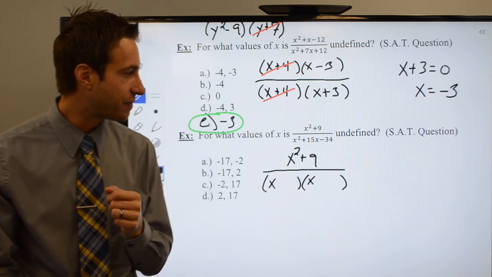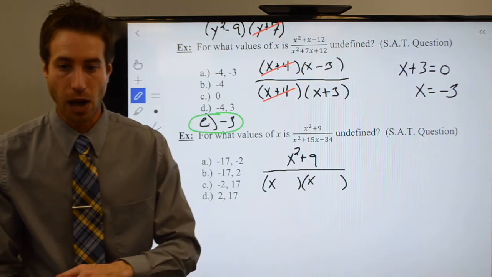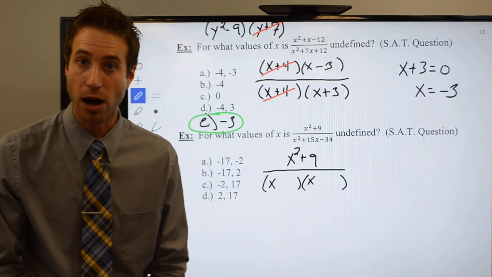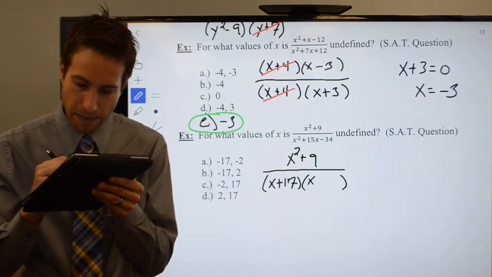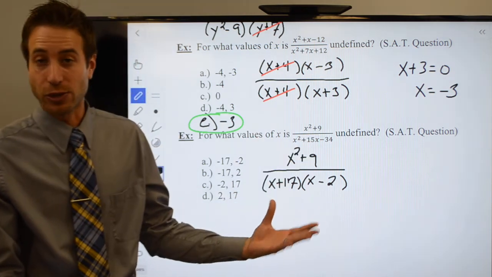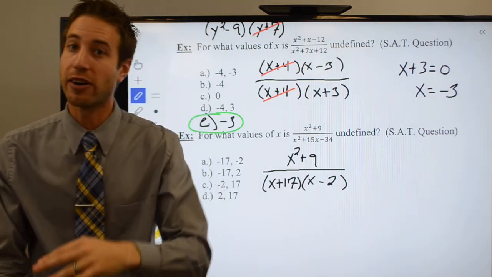Negative 34 and 15, I need two numbers that multiply to a minus 34, but sum to a positive 15, and actually it turns out it would be a positive 17 and a minus 2. Well, again, nothing cancels. Yes, I've factored, but there's no GCF common in the numerator and the denominator.